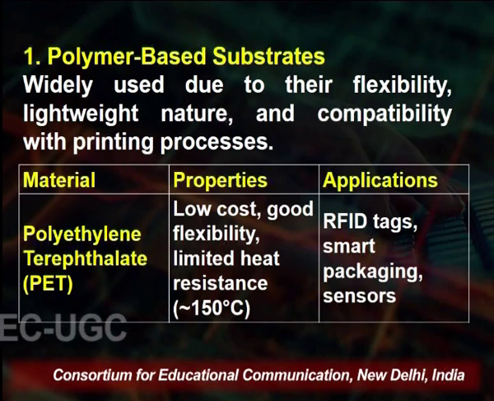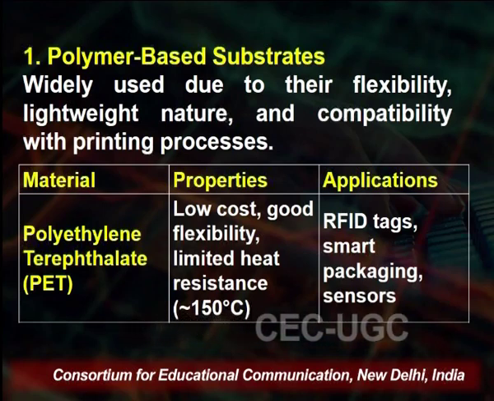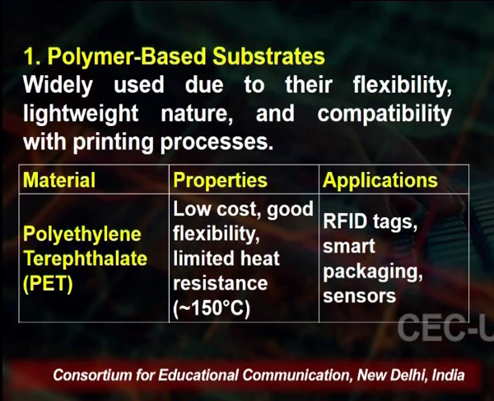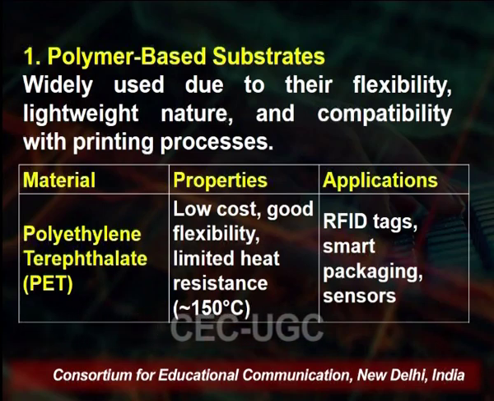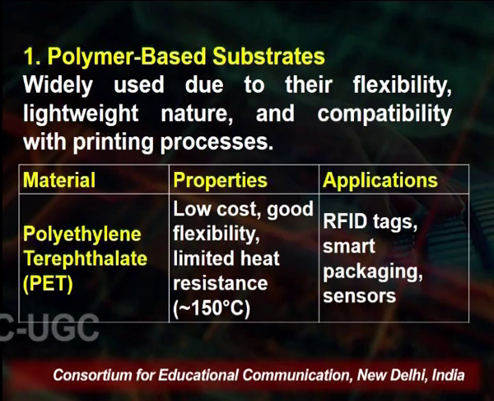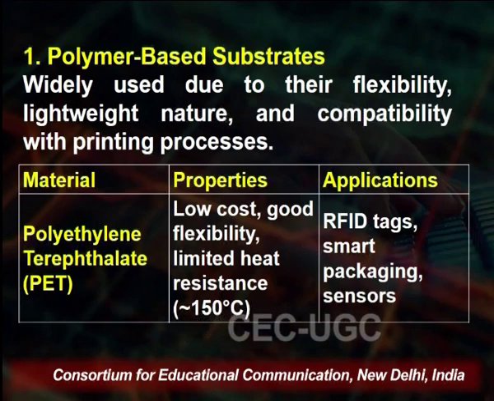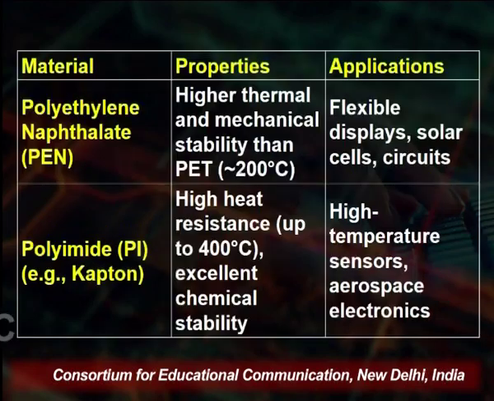You can see that this is polyethylene terephthalate, PET, and it is flexible and moreover used in RFID tags, smart packaging and sensors. It has a heat resistance of about 150 degrees centigrade.